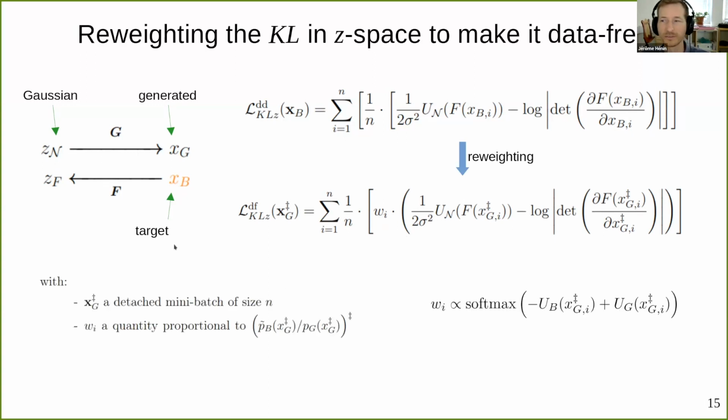So that means that, then, this is the sort of thing where we train with forward KL, but the data that we use, we generated ourselves, right? We generate some data, we detach it from the computation graph, and we reweight it as well.